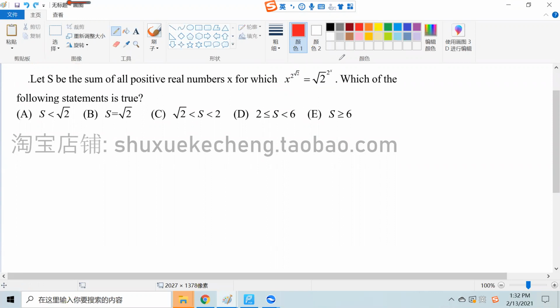下面哪个对的? Since the exponents are complex, we just take log of both sides to bring the exponents down.